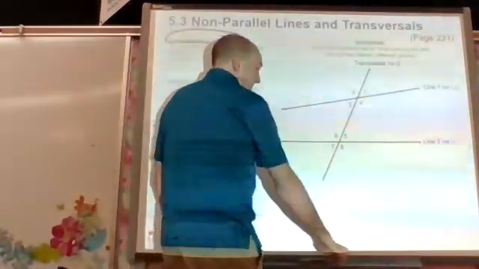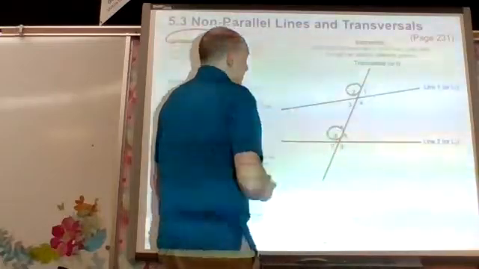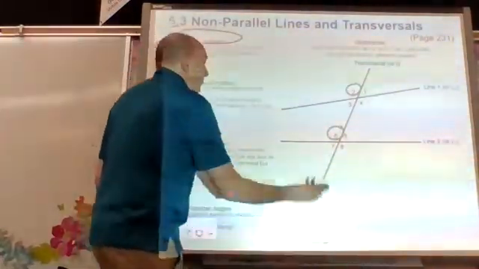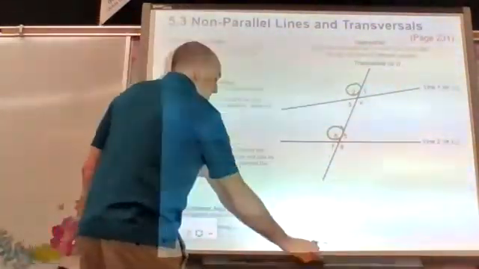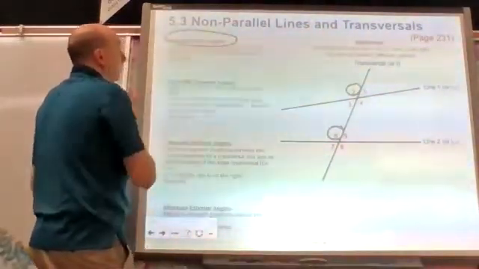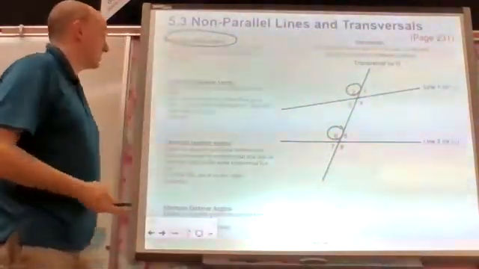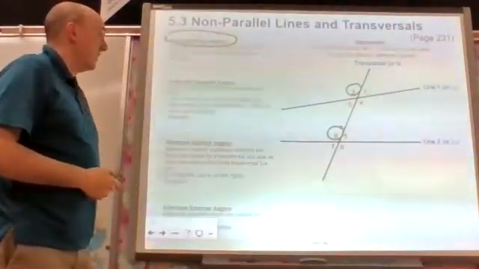So for instance, 2 and 6 are corresponding. Oh, sorry, I should do that with the same color as I have up here. So let's do corresponding angles in green. Same position, different intersections.